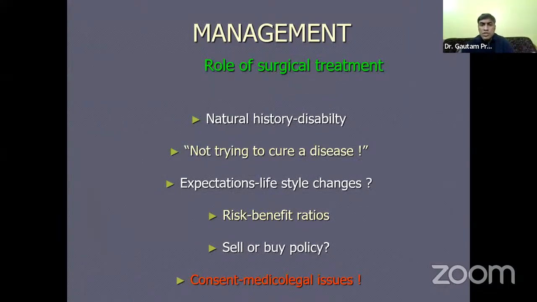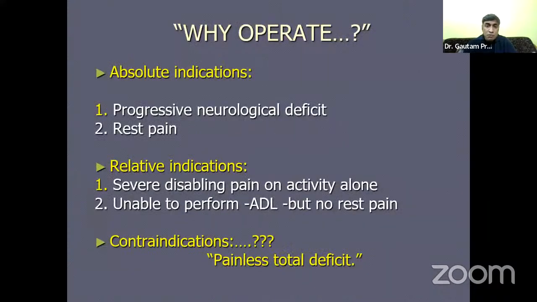Now, in surgical management, before you proceed, you always discuss with the patient the natural history of this disease. What you're trying to do is only at one level. The same thing can happen at another level or the same level again and again. What is the risk-benefit ratio? You have to discuss everything in detail, and always be aware that the only absolute indications are neurological deficit and rest pain.